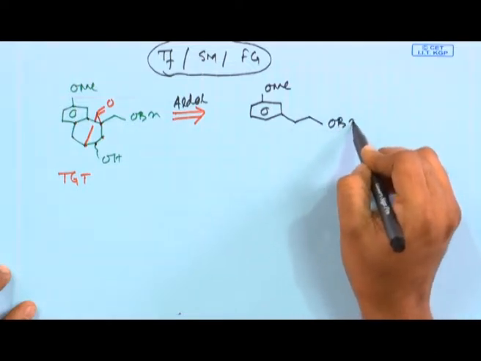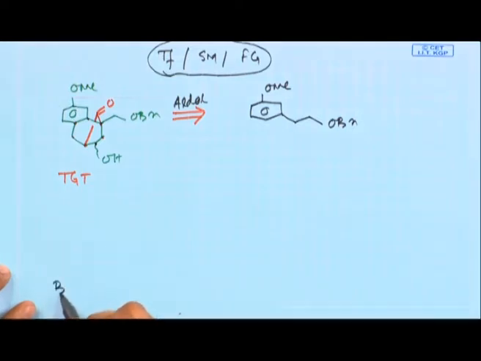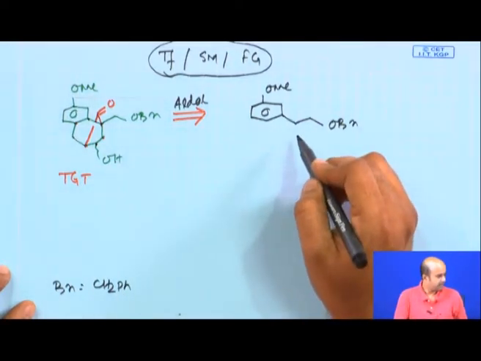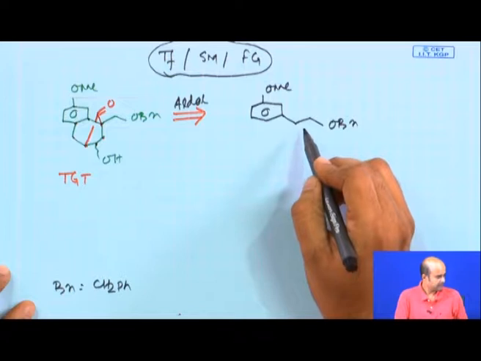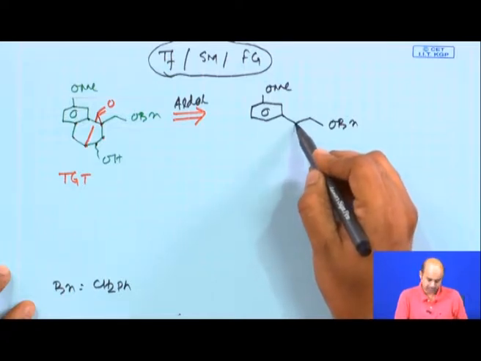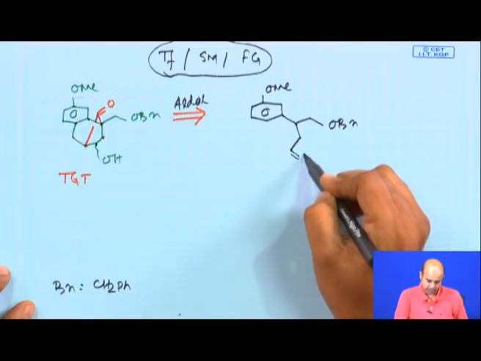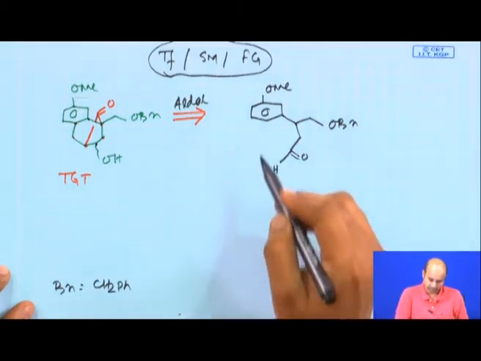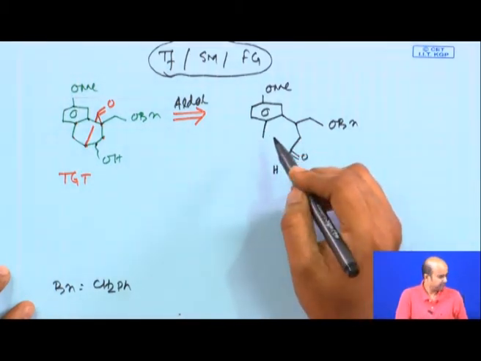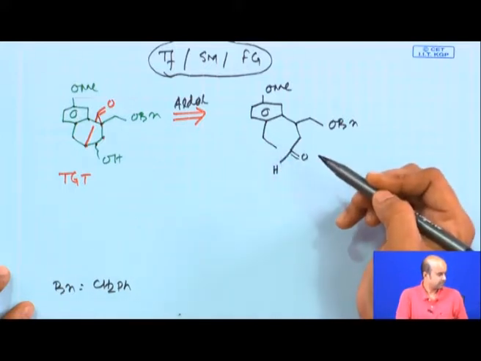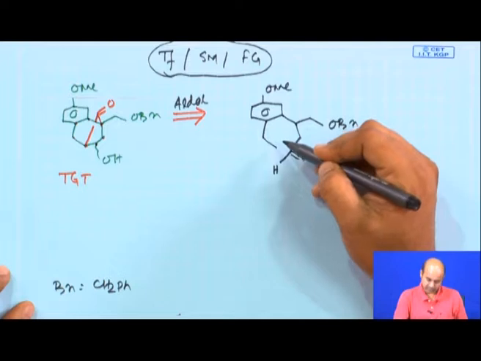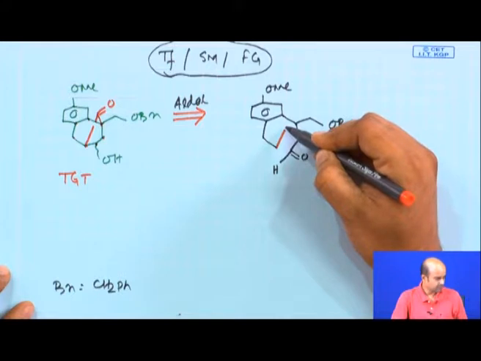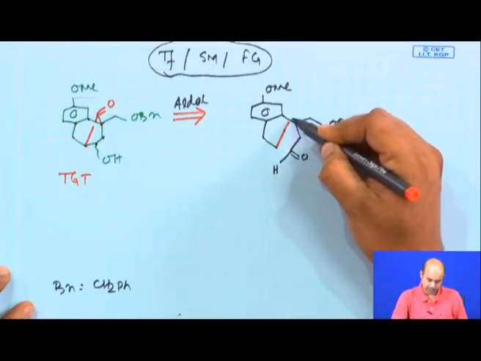So, this is OBn, Bn is benzyl, CH2Ph, it is the abbreviated form. Then from this part you can fuse, or you can make a hanging aldehyde appendage. Then you put these things like this, and then you try to make the bridge.